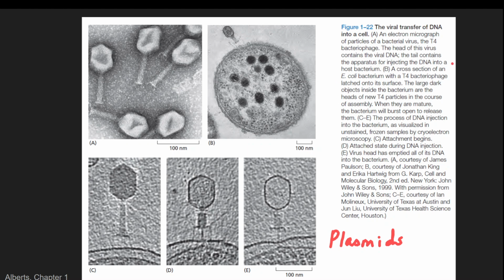So this particular image shows a T4 bacteriophage injecting its DNA, and then various sections and close-ups are shown of the bacteriophage and how it is injecting the DNA content, which can be seen getting transmitted from here to here. The structure turns from dark gray to a very pale white, transparent kind of nature because the DNA has been inserted inside now. Okay, so it has emptied all of its DNA into the bacterium.